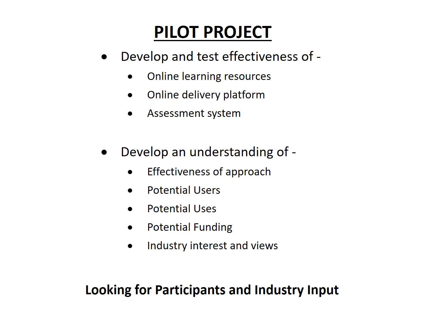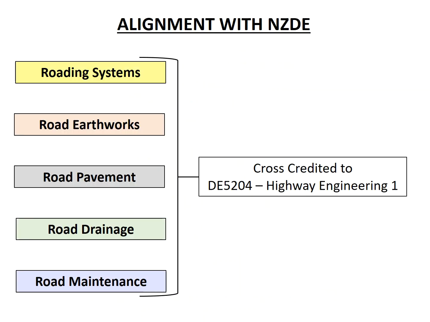But we are learning quite a bit already about how these things could develop, and any new technology does take time to gain some momentum. We are aware of that. If you go to the online course, you'll see that we've got the roading systems, hopefully the road earthworks and the road pavement micro-credentials all up.